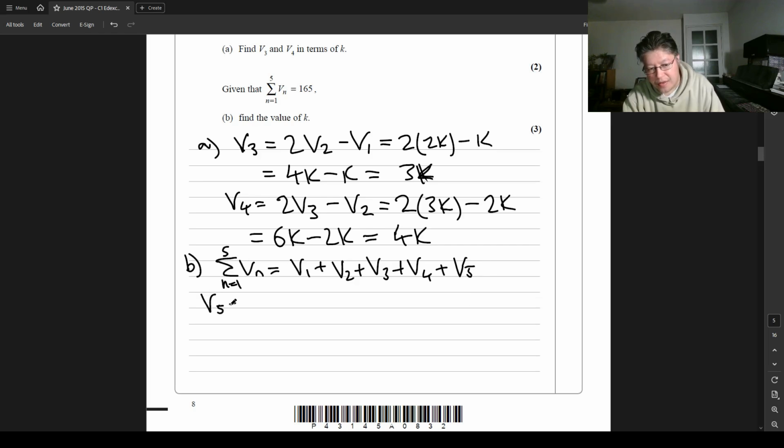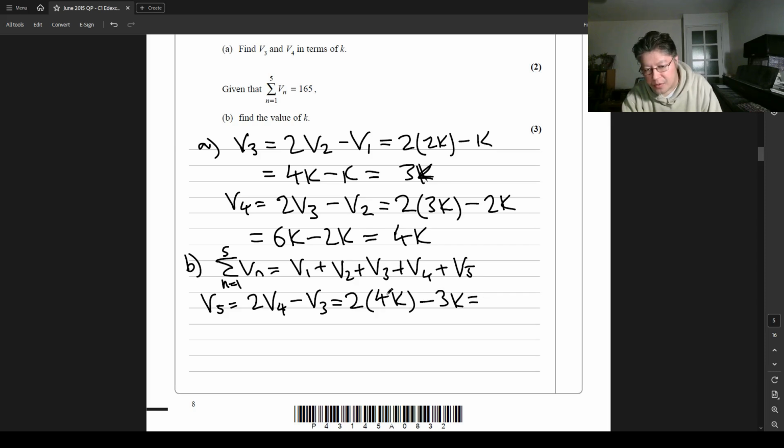So v5 should be twice the previous term, which is v4, minus the term before that, which is v3. We'll substitute in. So v4 is 4k minus v3, which is 3k.